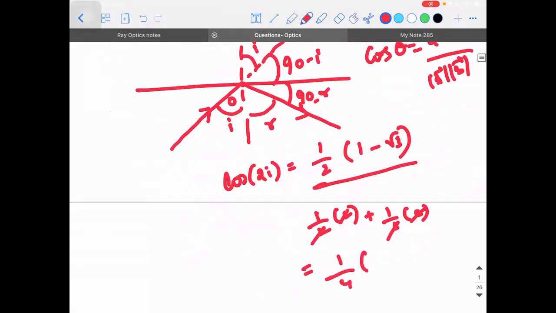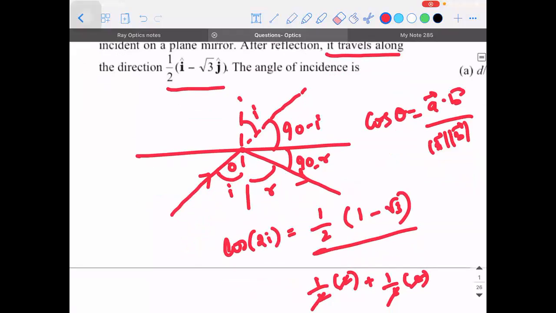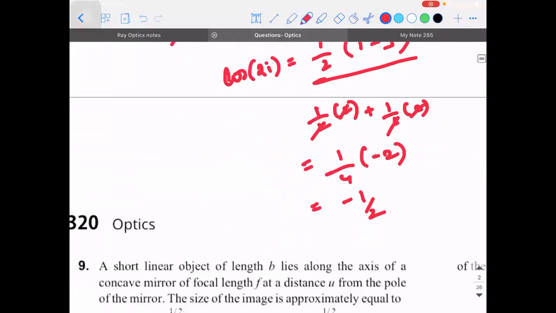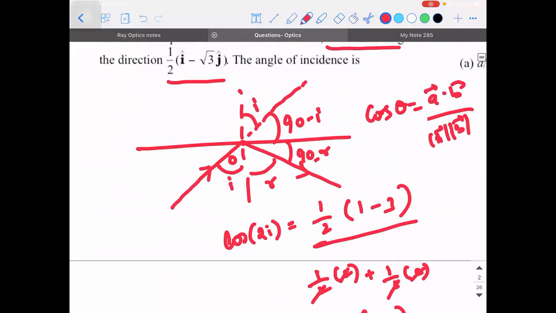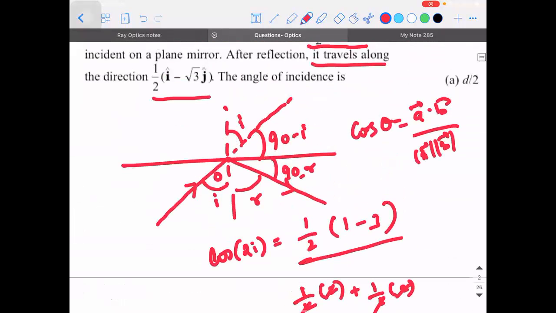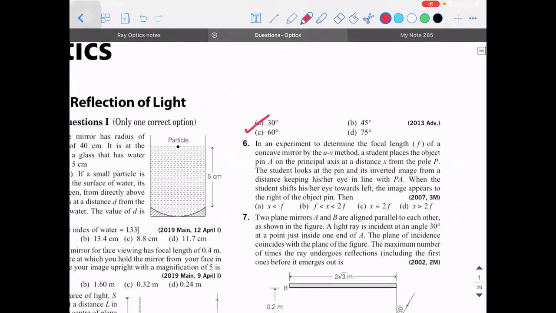So 1 by 4 into minus... so minus half is what is cos 2i. Since angle of incidence has to be acute, I am taking the modulus of it. So 2i will be 60 degrees and i will be 30 degrees. Option 30. It's an advanced problem.